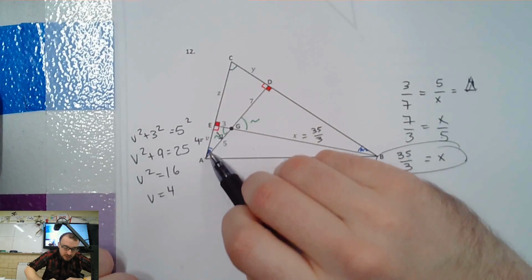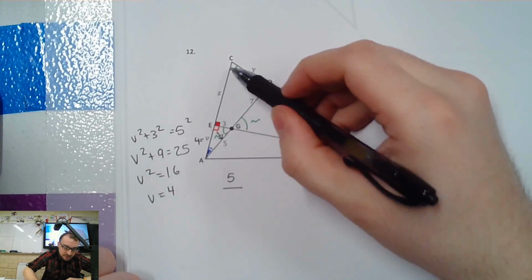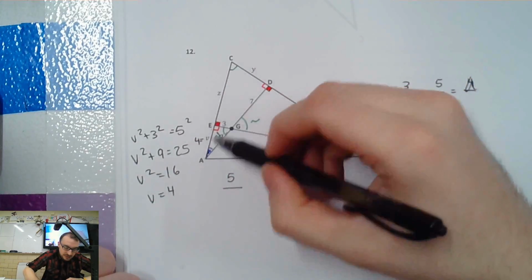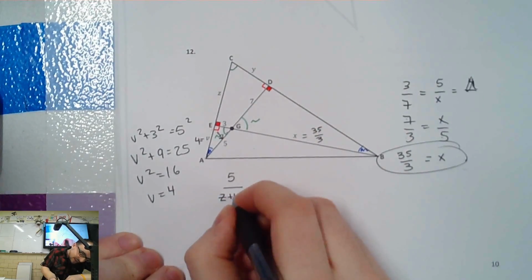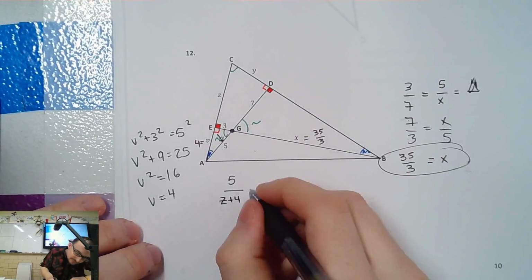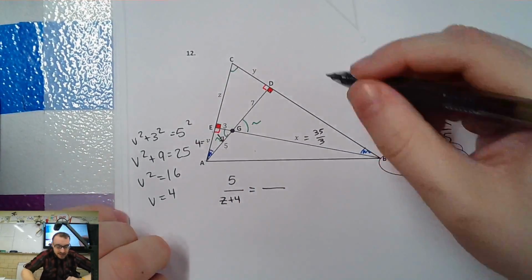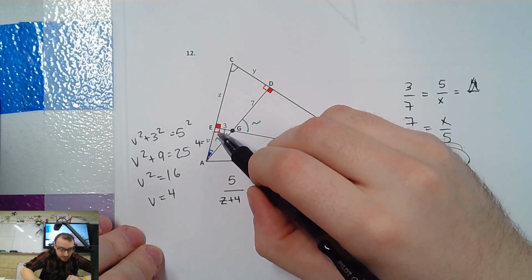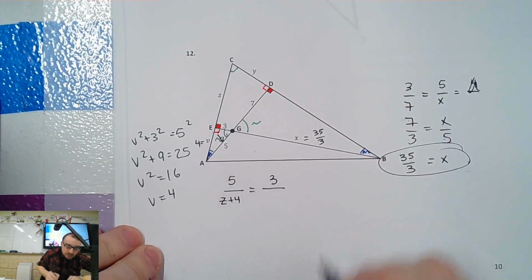Try again. Blue and green is 5. Between blue and green is what? Z plus 4. Very good. It's the whole thing, right? Now let's match up this guy. Green and red on this one is 3. What's between green and red on the other one?